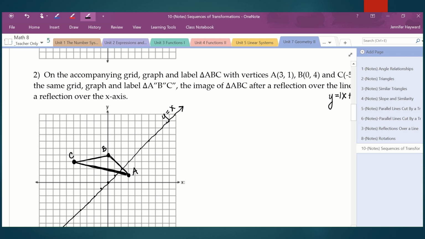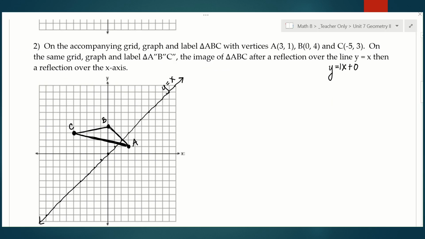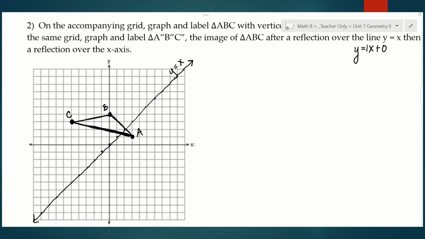So this is the line that we're going to be reflecting over. So if you remember, to figure out where your new points are, we have to count diagonally to that line and go in the opposite direction. So I'm going to start with point A. If I count from point A to that line, it looks like I have to go 1 box diagonally. So in the opposite direction, A prime would end up being right there.